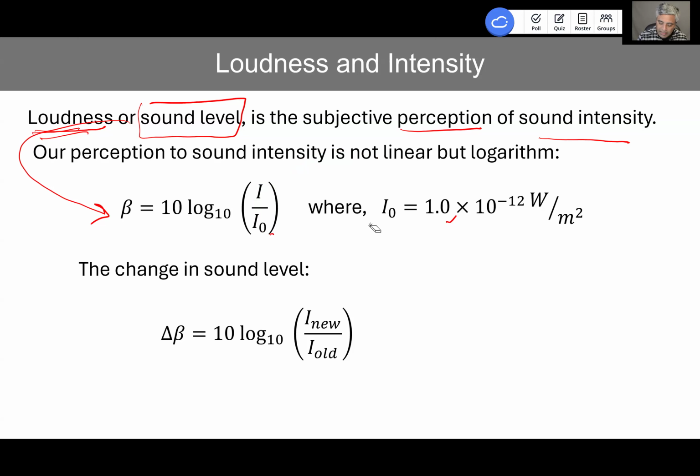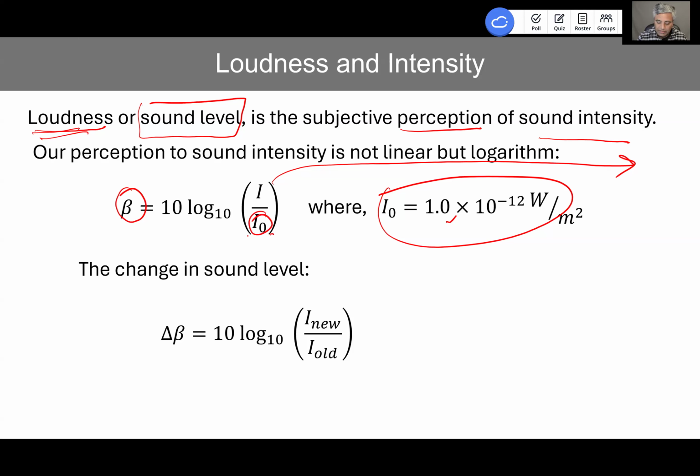So if we want to find the loudness, then we can calculate this one here. For a given intensity, this I0 is fixed. So you take the ratio, and then you take the log of that. And just like you have sine and cosine, log is also found in your calculator.